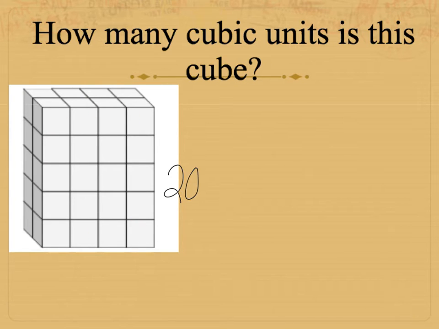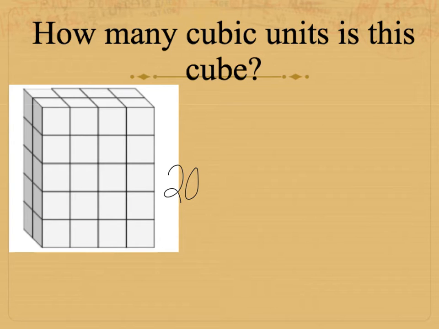Now I can tell that back here there's one more face on the back. So I have this front part here, which we all counted, and then this part on the back. So I'm also going to count all the shapes that are on the back. Even though I can only see these cubes that are right here, I know that the cubic units are going to continue all the way across the back part of the cube.